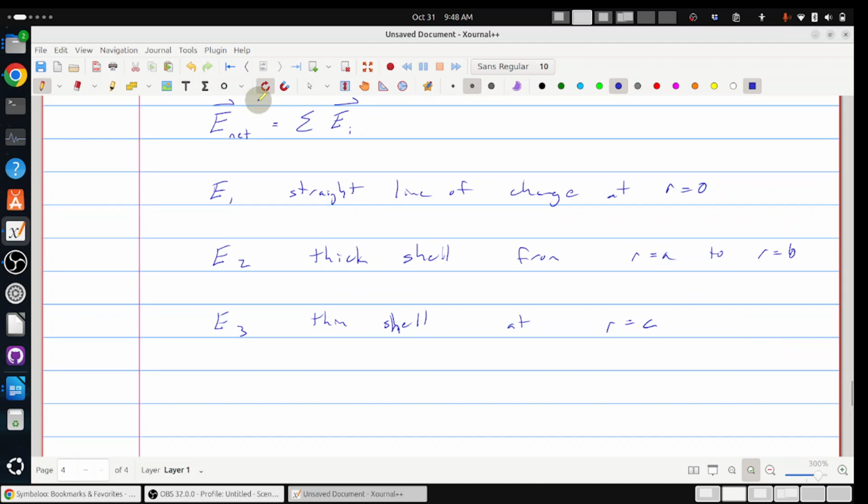Now, to try and draw this out here, I've got a dot at the center surrounded by a shell surrounded by another shell. And we're going to have different regions here that we're going to have to consider.